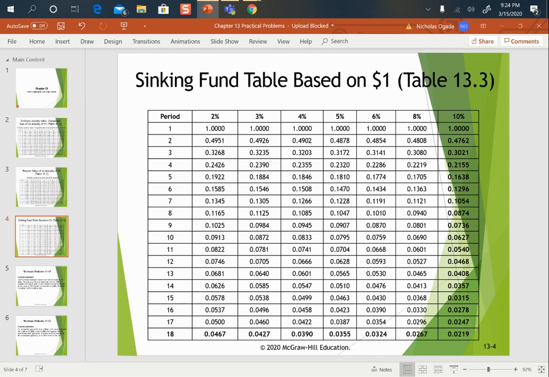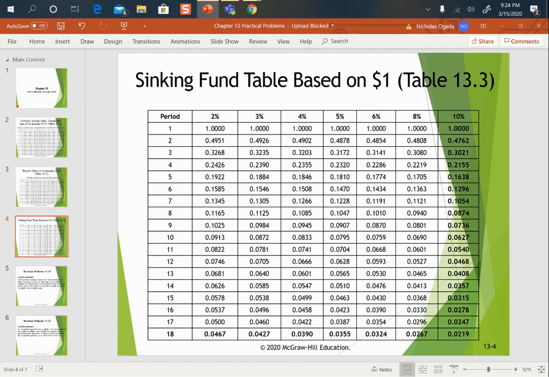Now, the sinking fund table is something new, but of course, the purpose of this table is that it gives us the table factors that we use to determine what the payment or what the annuity should look like.